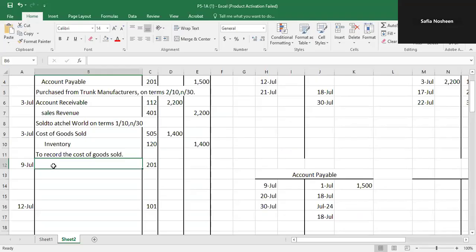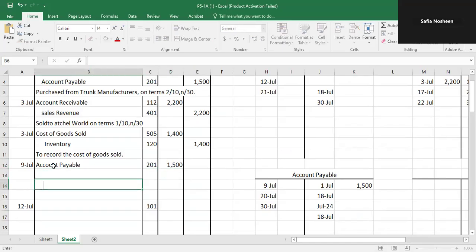So accounts payable was an amount of 1500, and we are going to make a cash payment. How will we record it? We have to make payment of 1500, but we are availing a 2% discount.